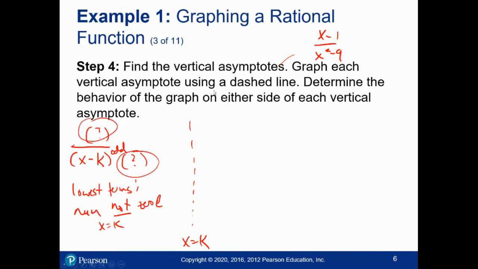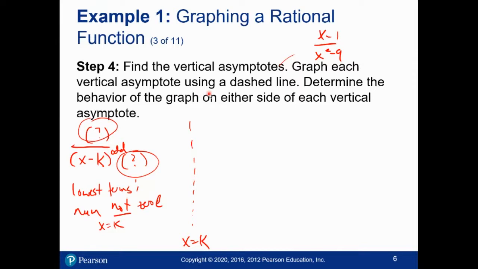Then take a look at this bit right here. If x is a tiny bit bigger than k, I end up with a very, very small but positive number. I raise that to an odd power, and that's positive. But if x is just a little bit lower than k, then this is going to be negative, and a negative number to an odd power is negative.